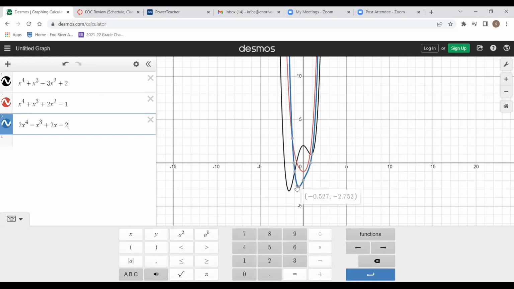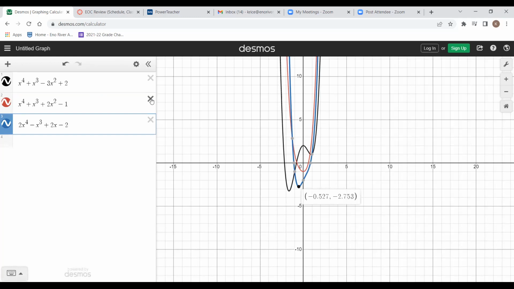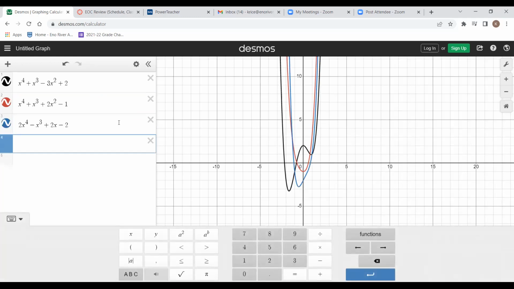Yeah, it doesn't look like it's this one. -2. Nope. Yeah, I think A is probably it. 2x to the 4th. Yeah, looks like it's definitely A. A is the lowest.